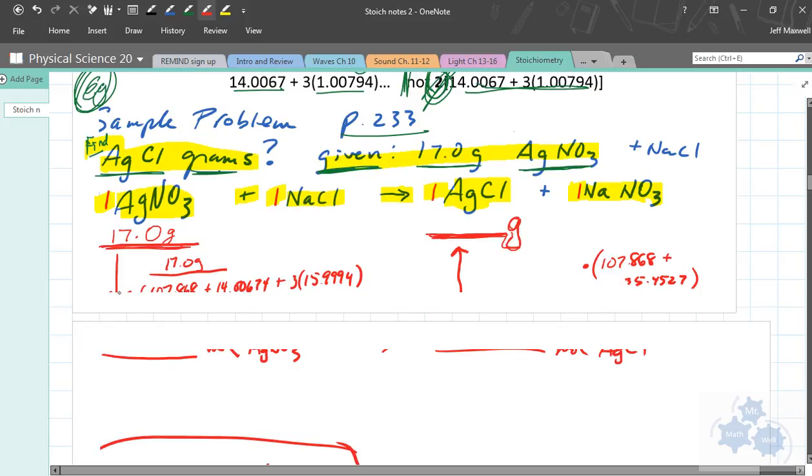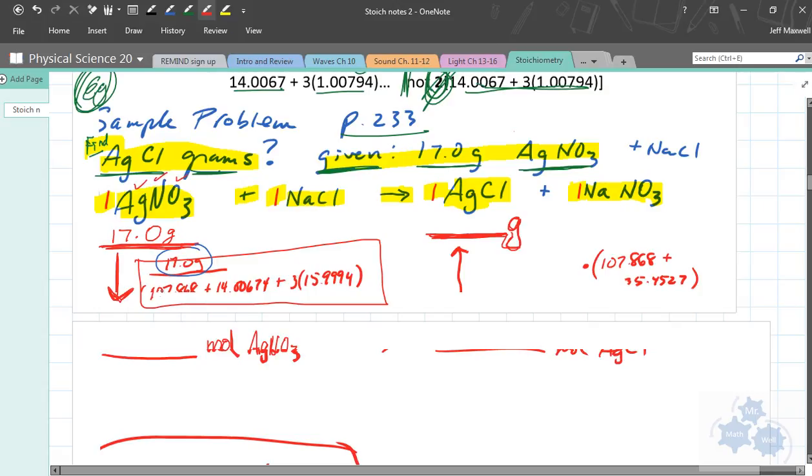All right, so what I need to do is draw this arrow and convert to moles of AgNO3. And how do I do that? Well, in this little area here, I'm going to convert to moles by taking the mass that I'm given, and I'm going to divide it by the sum of all of the pieces of this compound, right?